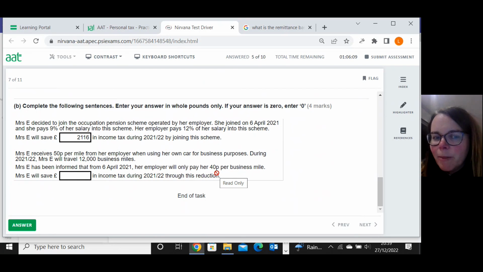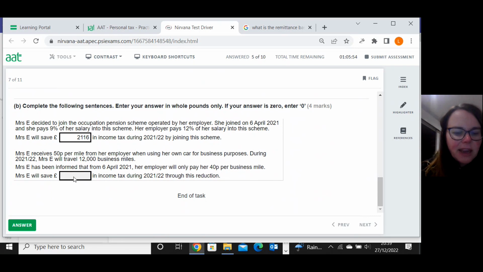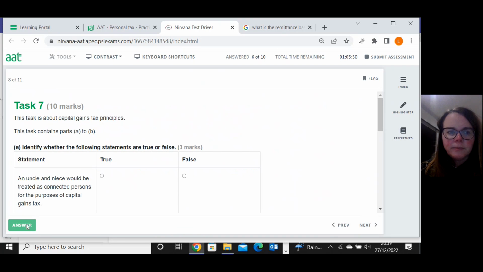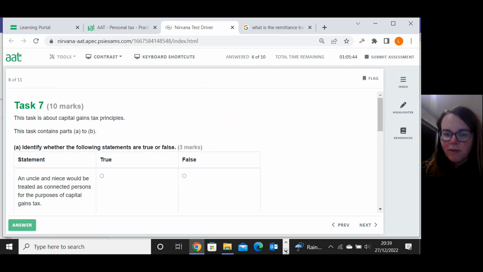She's paying that out of her own pocket. So 40% of that allowable expense, 40% of 200, is a further £80 that she will be saving. So the overall answer here is 480. Right, so I'm going to pause there and do the rest of this in a separate video.